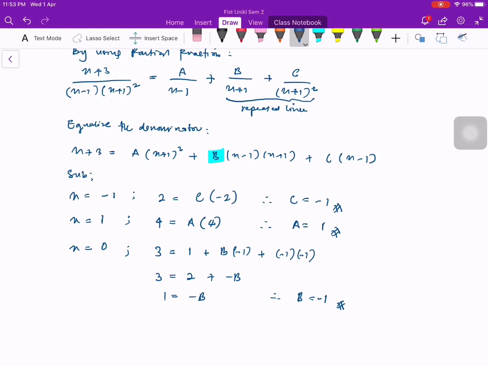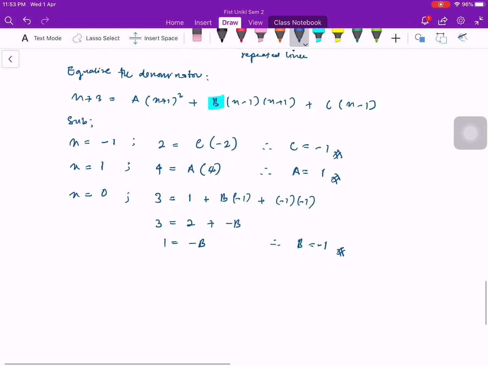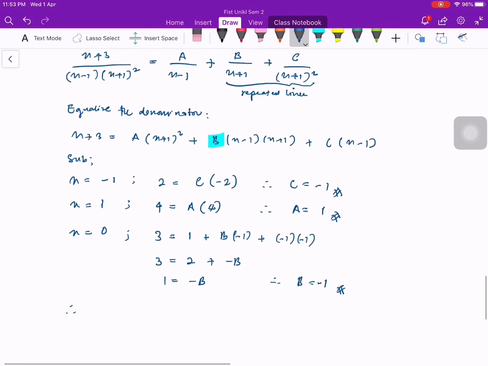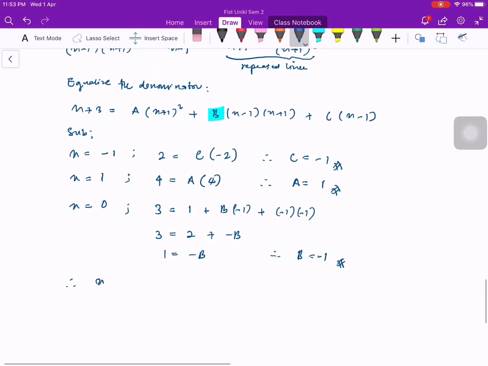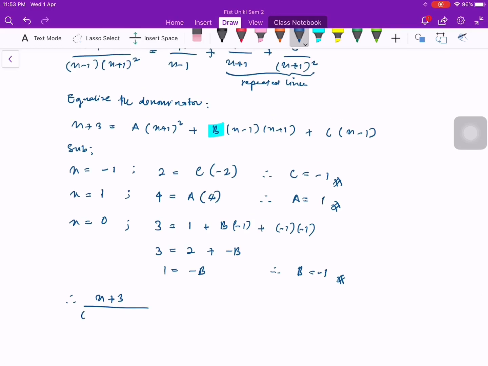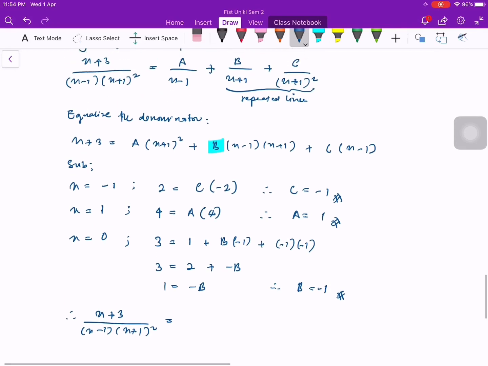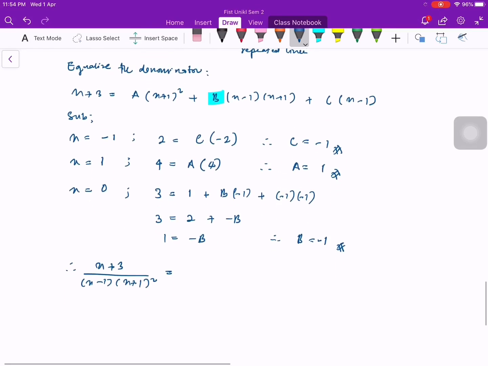Alright, then we proceed with partial fraction. Kita tengok, dan so jawapan akhir untuk partial fraction kita dekat sini adalah for x plus 3 over x minus 1 x plus 1 squared. Okay, kita akan dapat the first one is a over x minus 1, so our a is 1.